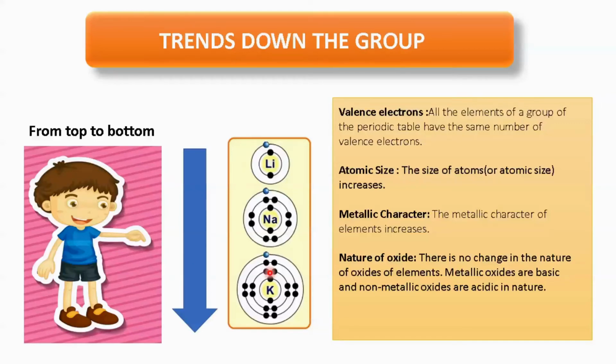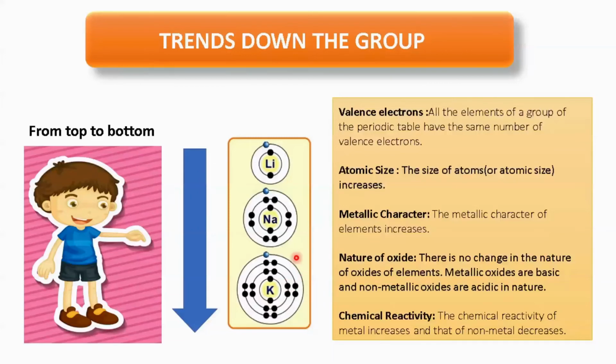So since the nature is not changing, the nature of oxide is also not changing. It will be basic oxide. That is, the metallic oxides are basic. Similarly, for non-metals, the nature for the first element of the group and the last element of the group would remain the same. That is, they will behave like non-metals, so their oxides will also be acidic in nature.